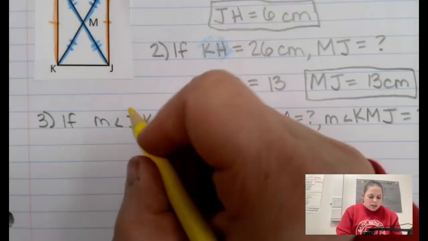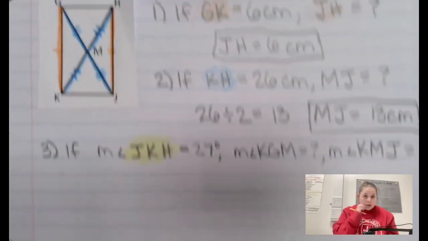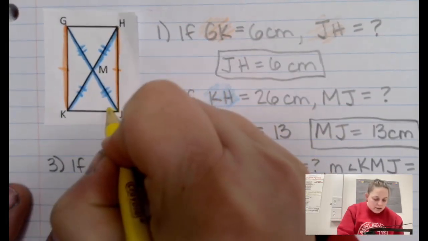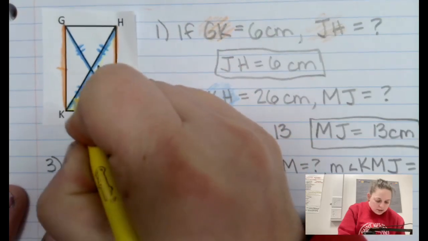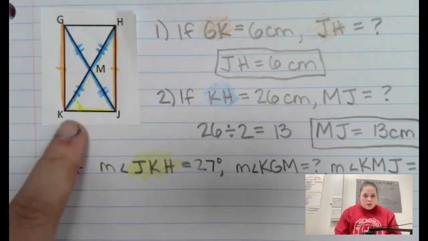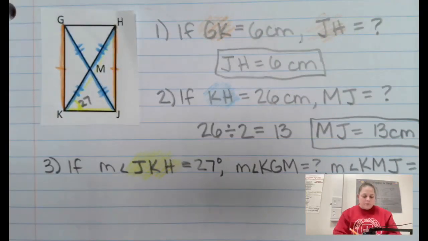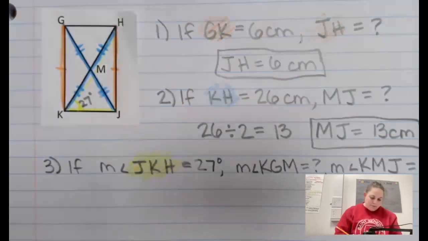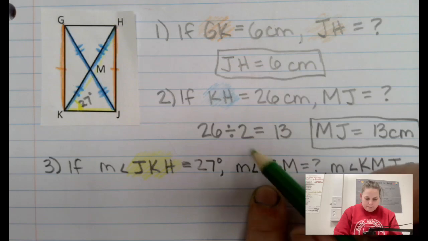All right, so first thing we're going to do here is find those angles. I'm going to look for JKH. So if I trace that JK all the way up to H, I'm looking for this angle here. So that angle is 27 degrees. Then what I'm trying to find here is KGM.